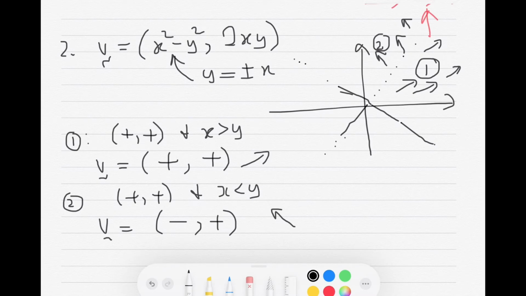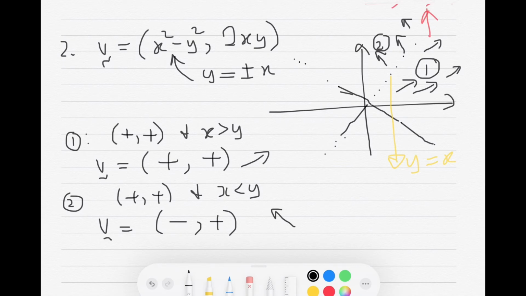What we need to do at this point, before continuing to the other three quadrants, is to determine what happens on the line separating sections 1 and 2. And that is that line there. Okay? And that is the line y equal to x. So on the line y equal to x, we also have certain directions of these vectors, the profile.